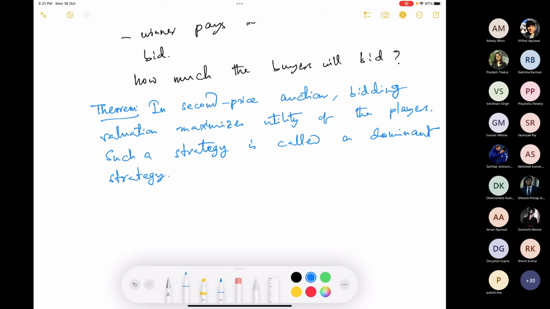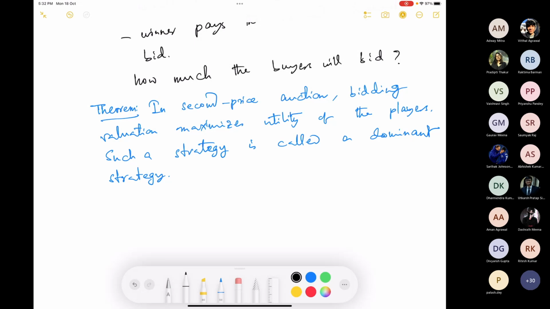In some sense, this particular strategy of bidding valuation dominates all other possible strategies. So for example, one strategy could be that you bid half of your valuation or something like that. You can think of various kinds of crazy strategies, and this particular strategy dominates all other strategies, in the sense that if you follow this strategy, your utility will be maximum possible.